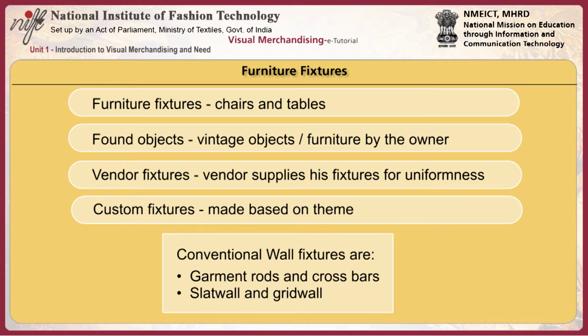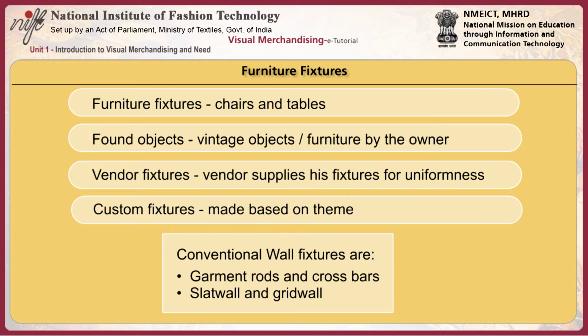Another type is the found objects. What are found objects? They are the vintage objects, or they could be the furniture that are owned by the owner and he brings them into his stores. The vendor supplies us fixtures for the uniformness so that his merchandise gets a prominent place in the store.